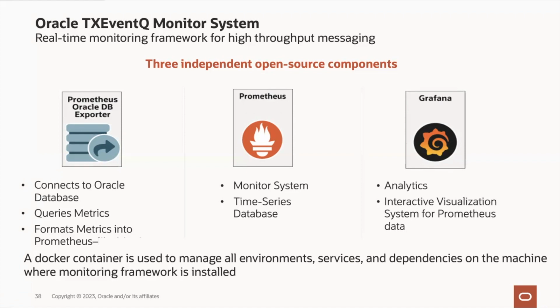Prometheus, a monitor system and time series database which manages metrics collected from the Oracle Database Exporter in time series fashion. And finally, Grafana, an analytics and interactive visualization platform which specifies Prometheus as its data source. Finally, Docker enables this system to operate as a lightweight, portable, self-contained container that can run virtually anywhere.